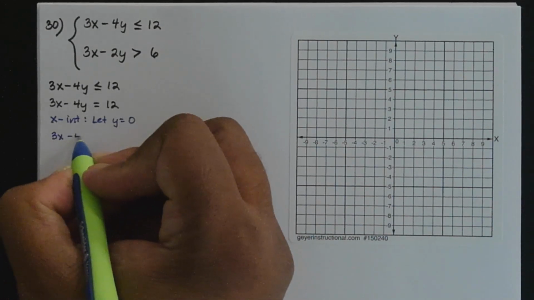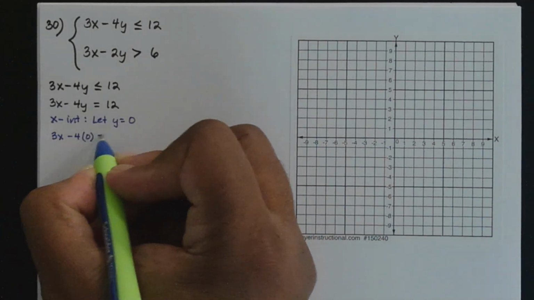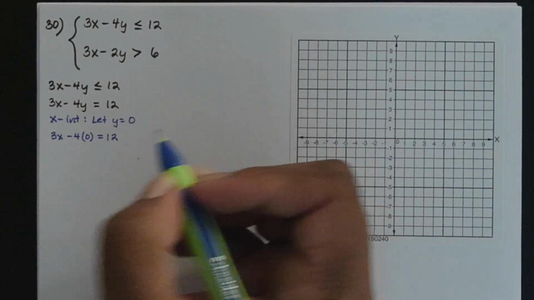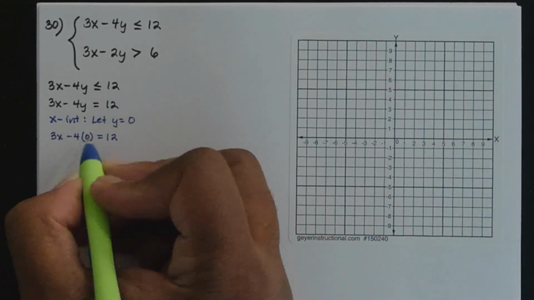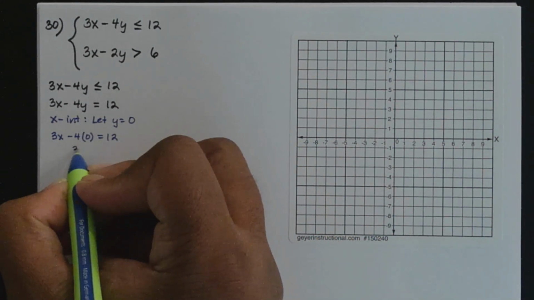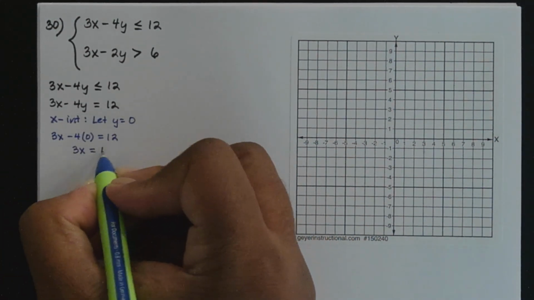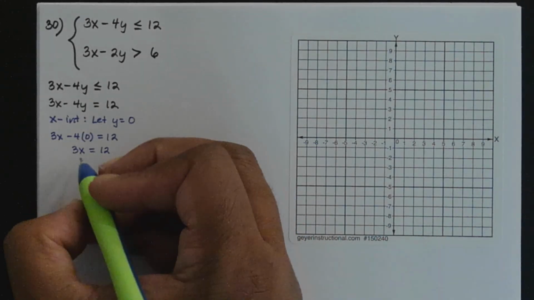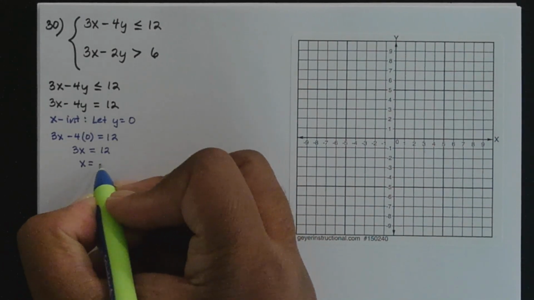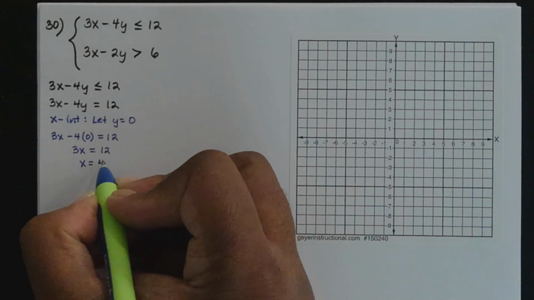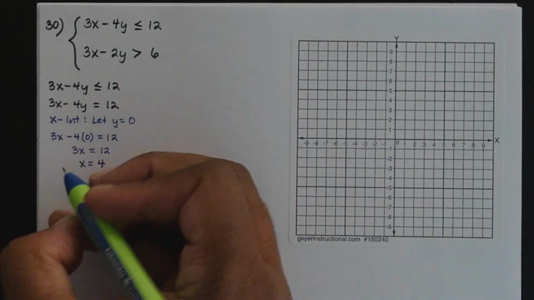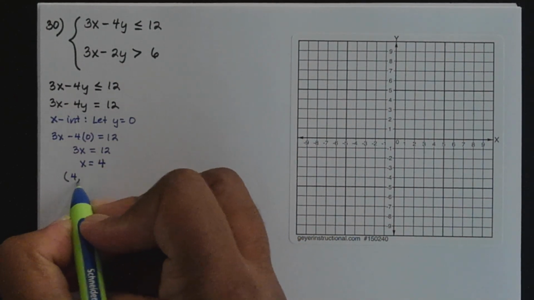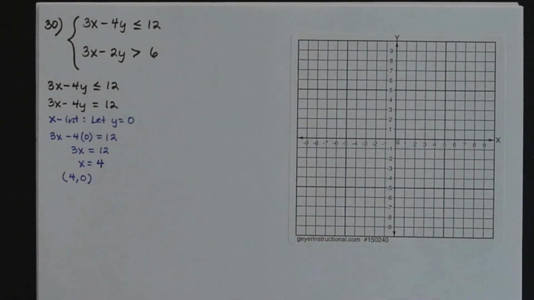So it'll be 3x minus 4 times y, which is 0, and that's equal to 12. Here 4 times 0 is 0, so you'll be left with 3x equals 12. And if 3x is equal to 12, what must x have to be equal to? 4. So my x-intercept is the ordered pair (4, 0).